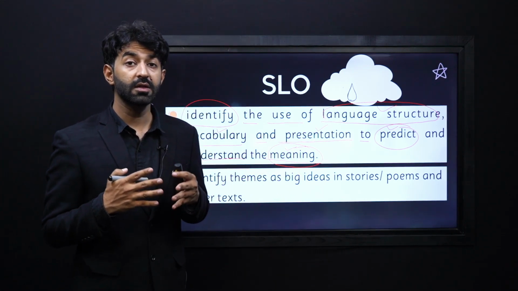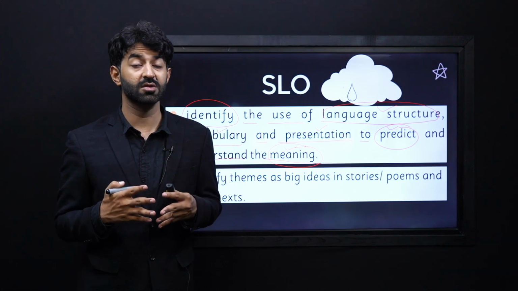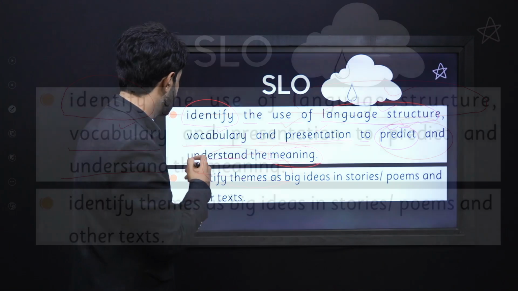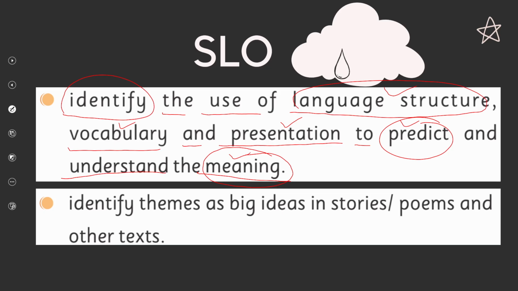Now, in this video lesson, we have merged these two SLOs together. Now, let's discuss the second one. The second one is about the themes: identify themes as big ideas in stories or poems and other texts. Now, we know that themes are the main ideas in a text, and they are also called big ideas.